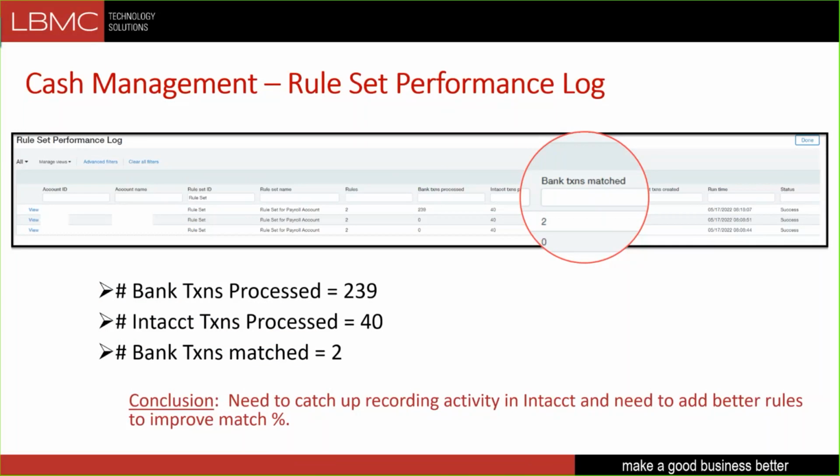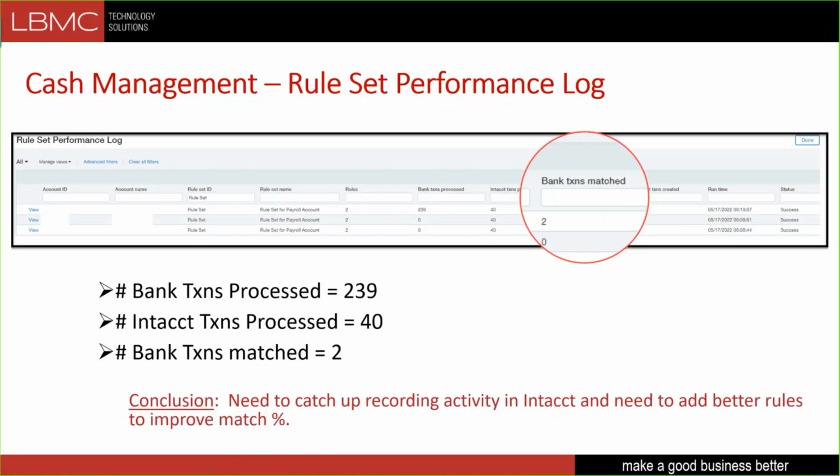And so this performance log gives you this whole list of your rules, and well, it has your rule set if you filter by rule set, or it would just show your individual rules. In this particular example, I typed in rule set under rule set ID so that I could see the rule set that included 2 rules and what it had been used on.